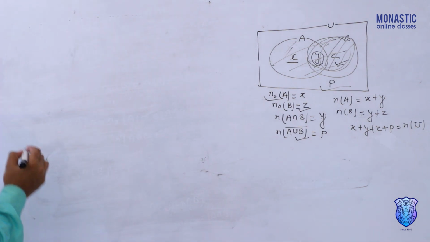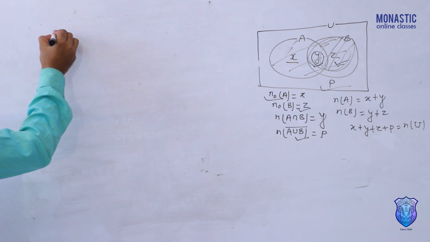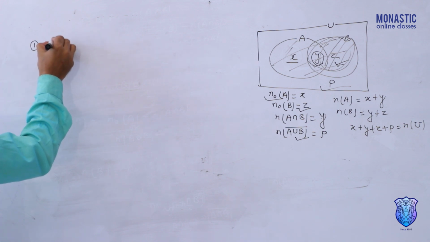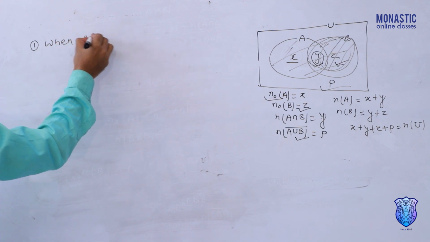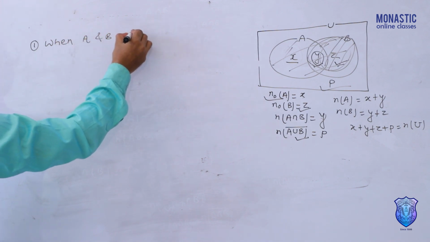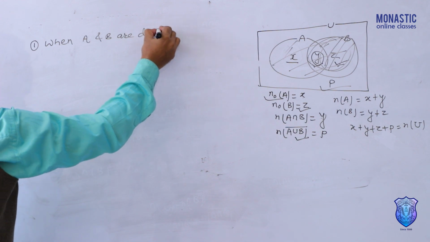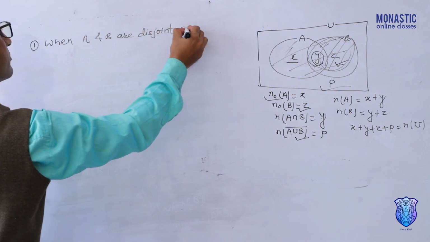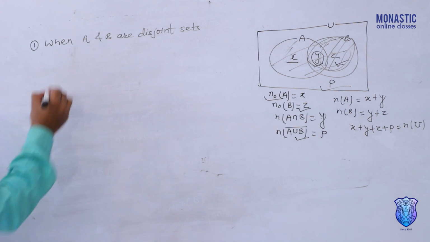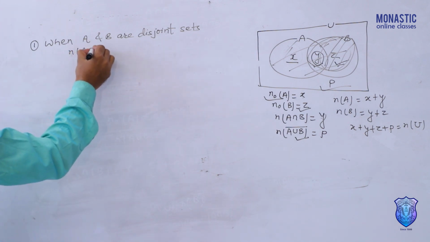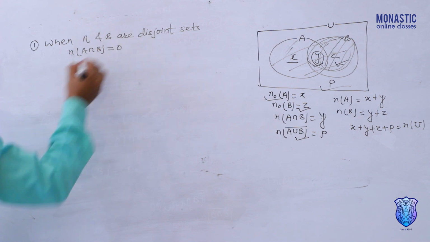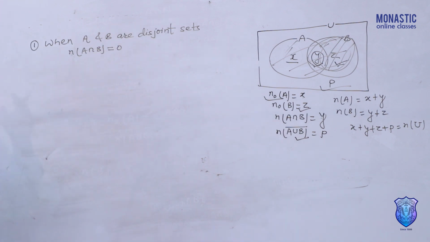Now we have to note two things. When A and B are disjoint sets, it means number of A intersection B is equal to 0. Then whatever formula we have, if we write number of A intersection B equals 0, the new thing that comes is our formula.